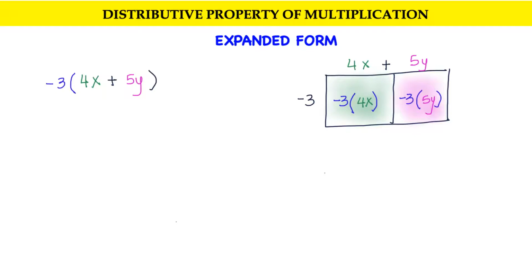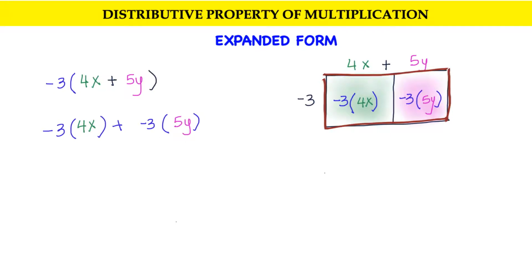And if we were to find the area of this entire rectangle, we could simply add the areas of these two little rectangles, and that would be -3 times 4x plus -3 times 5y.